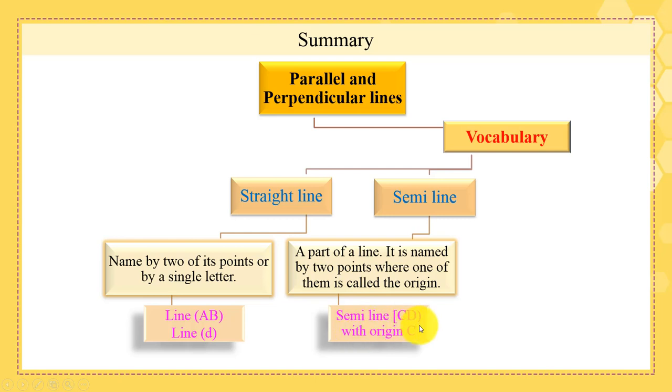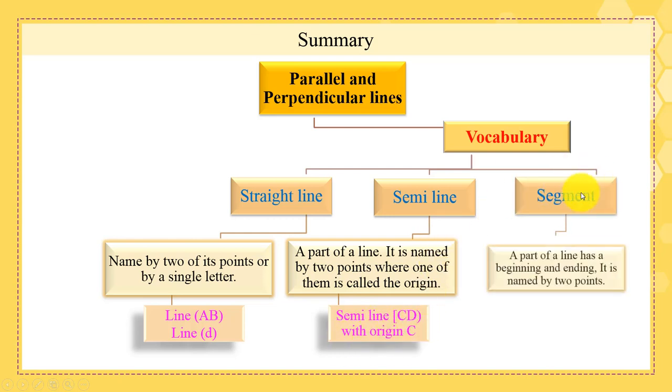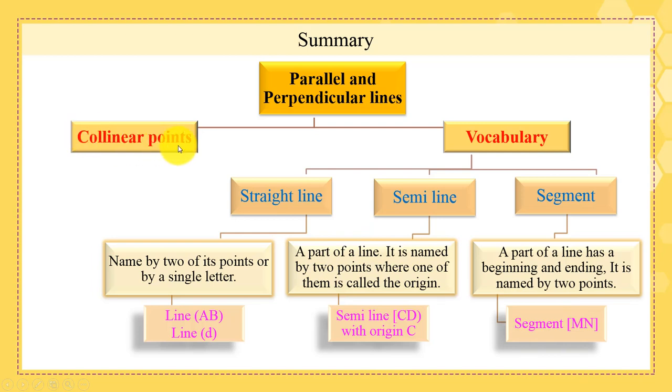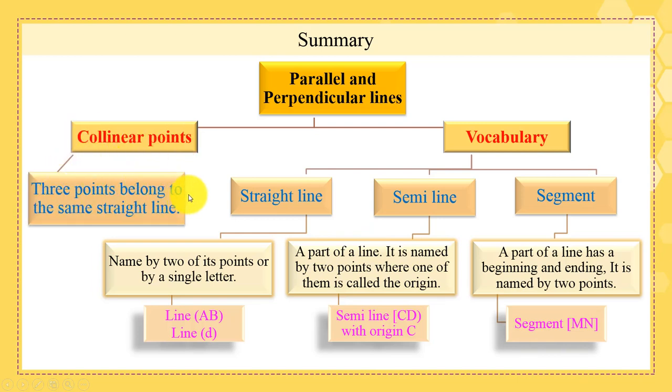Semi-line CD with origin C. Segment, a part of a line that has a beginning and ending. It is named by 2 points. Segment MN. Collinear points: 3 points that belong to the same straight line.